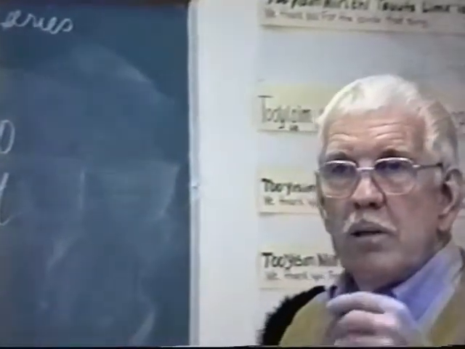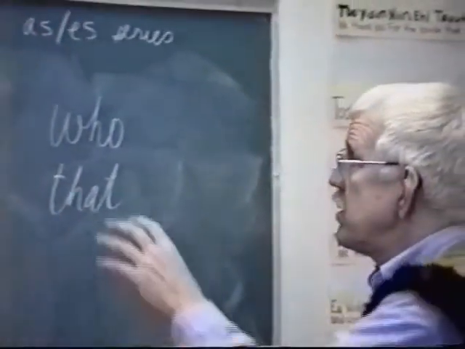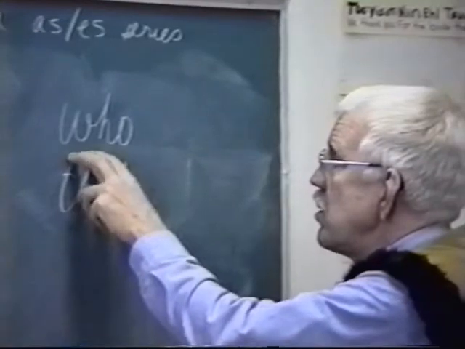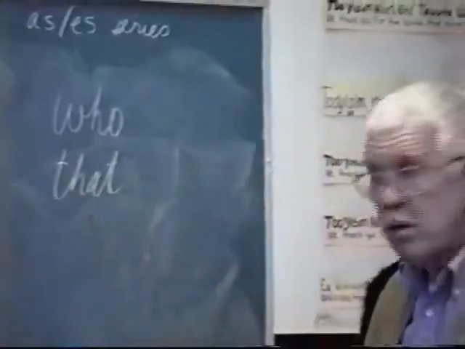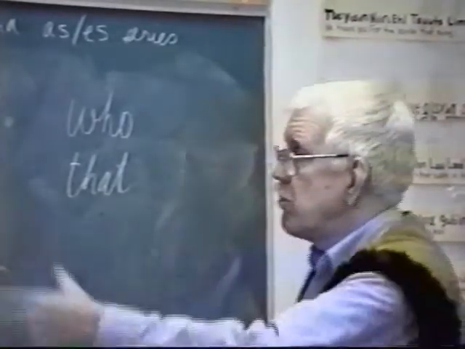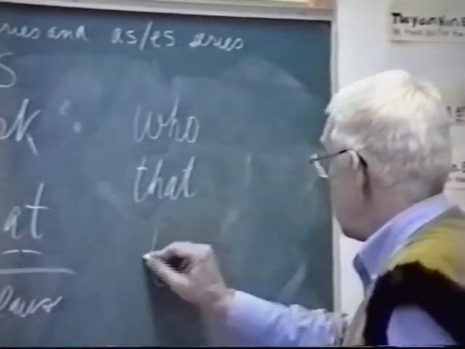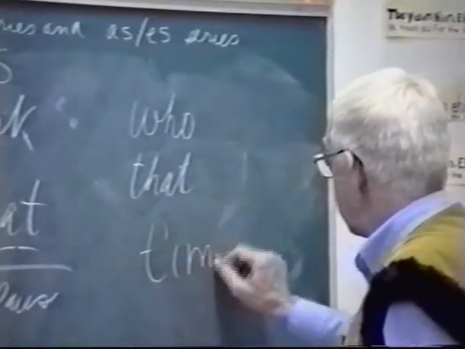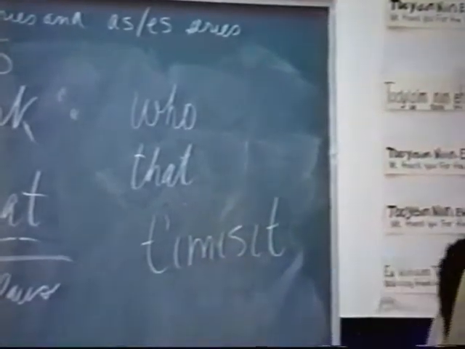But the thing about relative clauses in this language is that they don't use words like who, that, and which. There's ways of expressing those, but that's built into this right here, as in sui bahat. Or, I'll give you another example. The person who writes, to miss it.